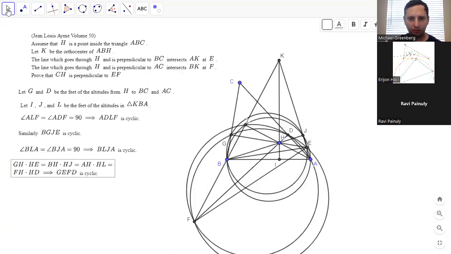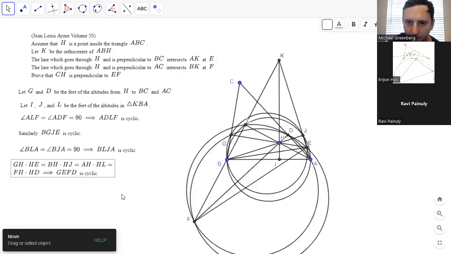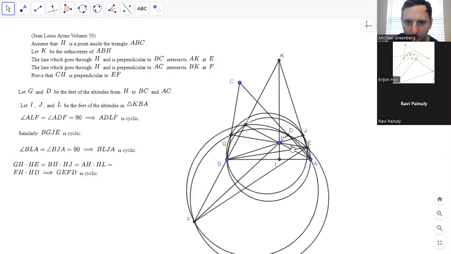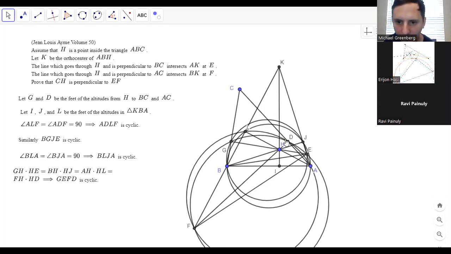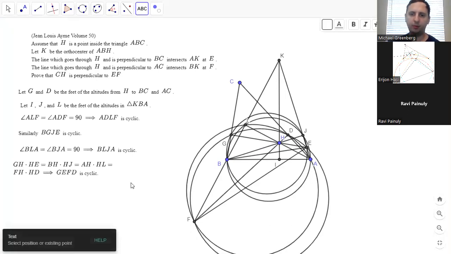All right, so CGHD is cyclic and GDEF is cyclic. Combining those two, we get CD is perpendicular to EF. So, well, what's a better way to write that?